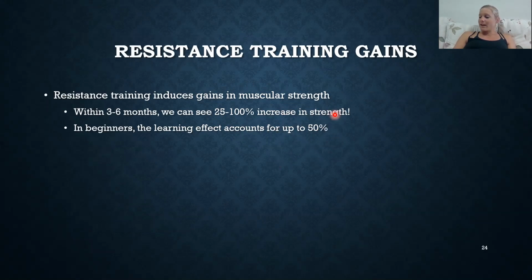And this learning effect is generally related to neural adaptations, or our ability to improve the coordination of stimulation of the appropriate neural pathways. But this all depends on what our initial fitness was. If I'm already fit to start with, then maybe I'll gain 25%. If I've never done anything in my life, then maybe I'm going to see more like a 100% increase.